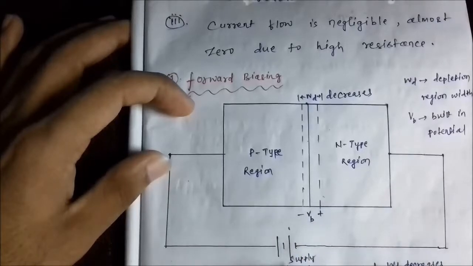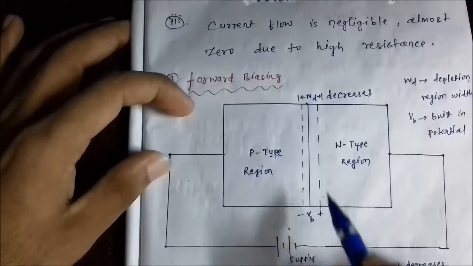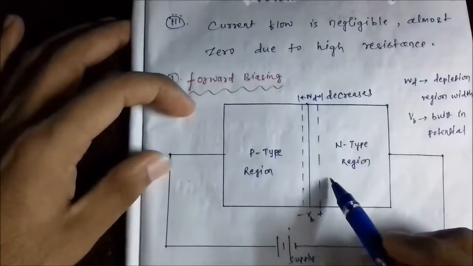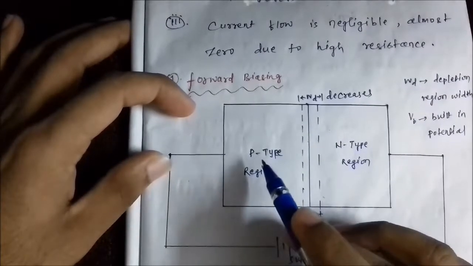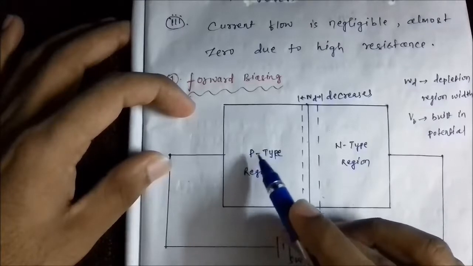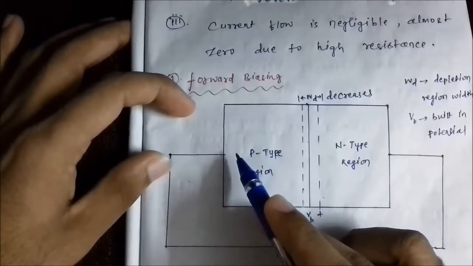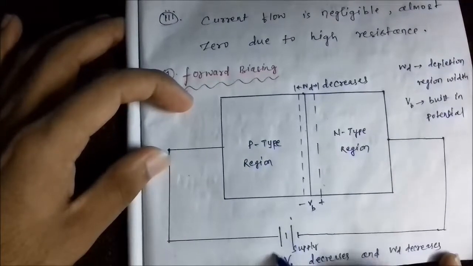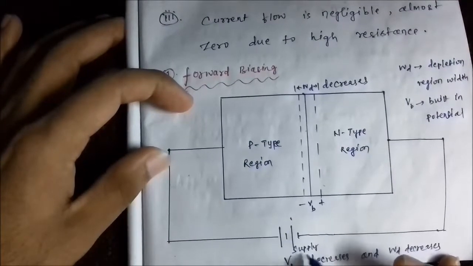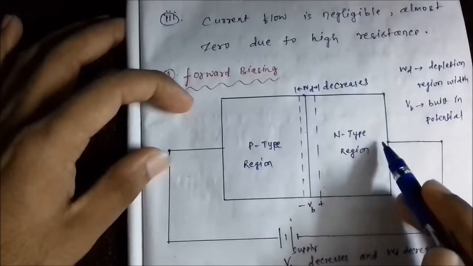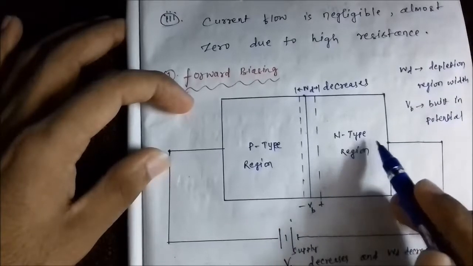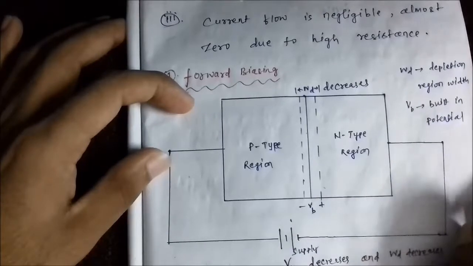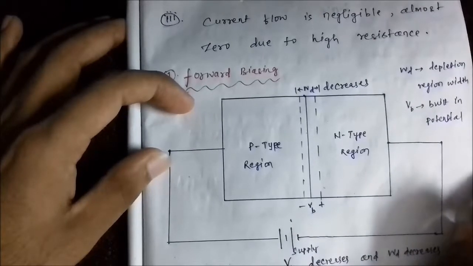So how do we apply the supply voltage such that the barrier potential decreases? In forward biasing, the p-type end is connected to the positive terminal of the supply, while the n-type end is connected to the negative terminal.